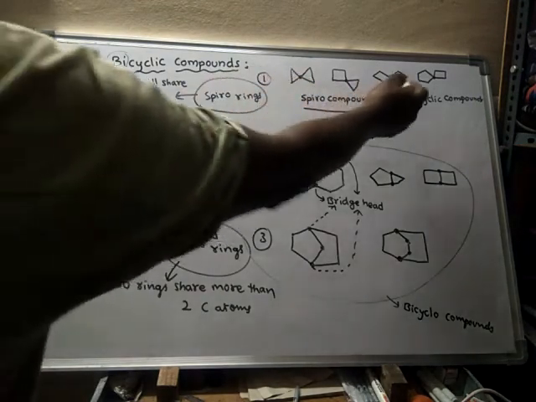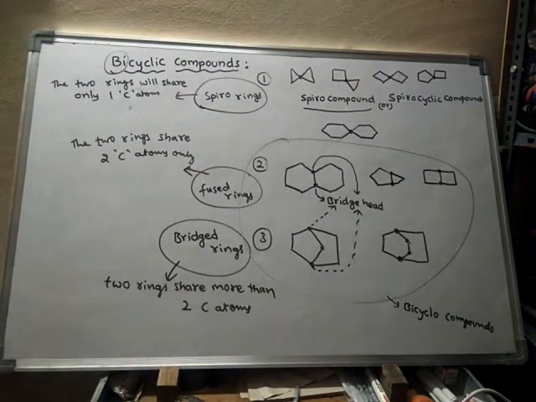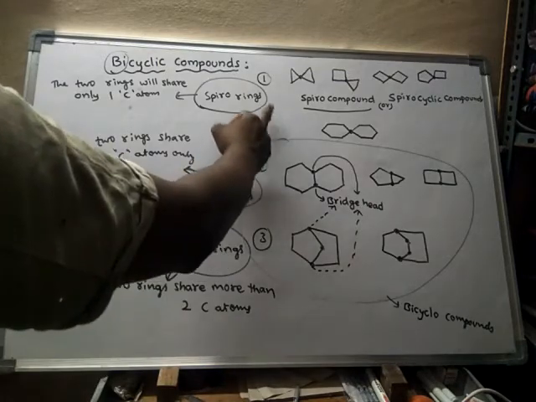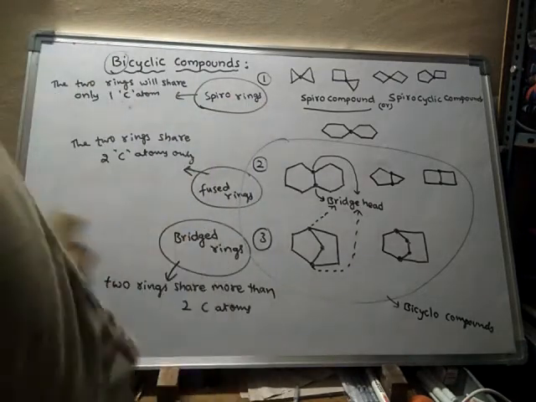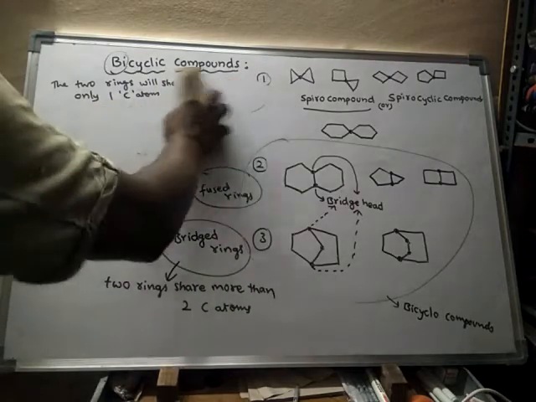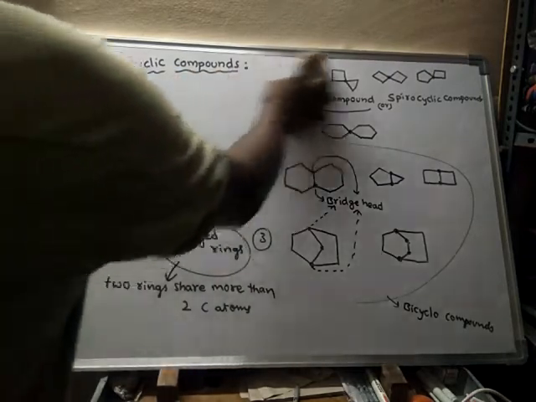And these are called spiro compounds. Now we will learn how to give names to these compounds. First of all, we will learn about the spiro compounds, how to give a name to a spiro compound. We'll take a few examples and learn.